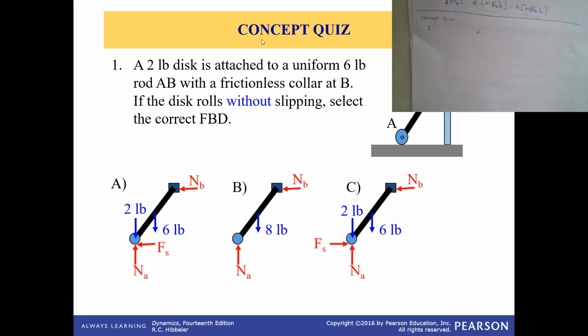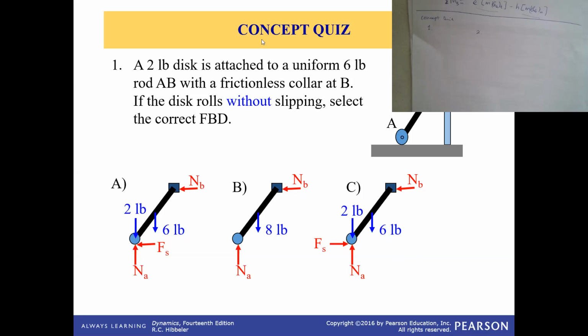All right, so I think you're all back, and I see responses from at least each of the breakout rooms. So the first one, we are looking for the free body diagram of the system.